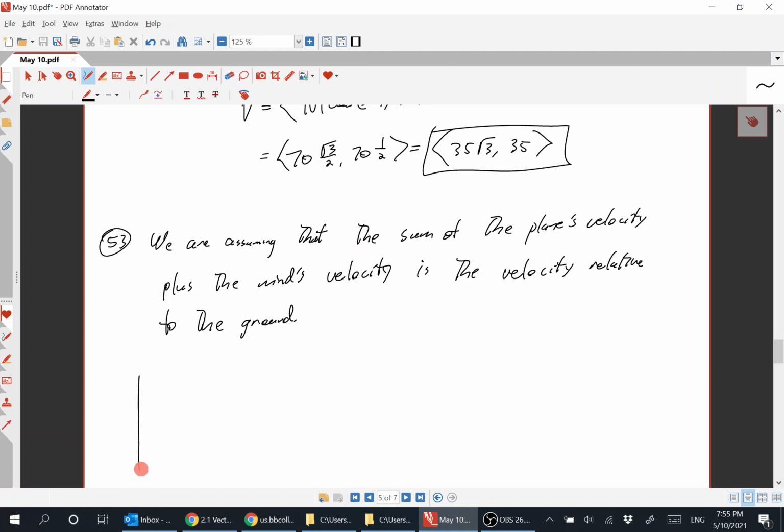So here's the plane. We'll call that vector P. The length of P is 550 miles an hour, and the angle of declination here is 43 degrees. And the wind, what was it?